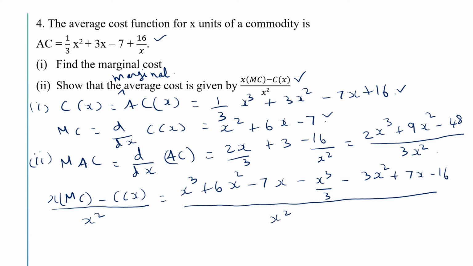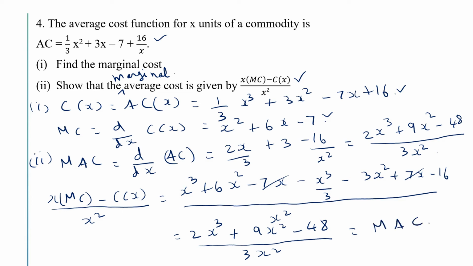So this is equal to, here 3 is the LCM. So when we simplify, we get 2x cube plus 9x square minus 48 divided by 3x square. This is equal to the marginal average cost.